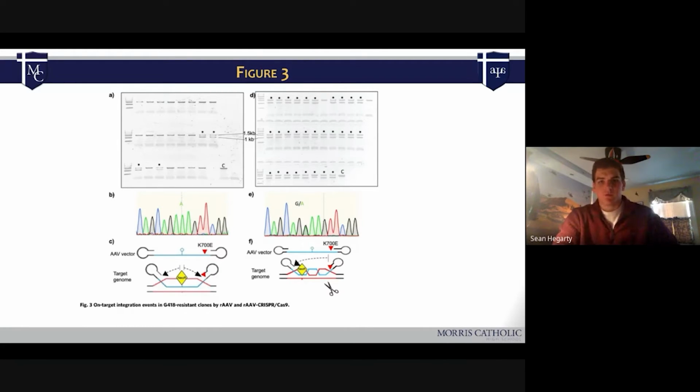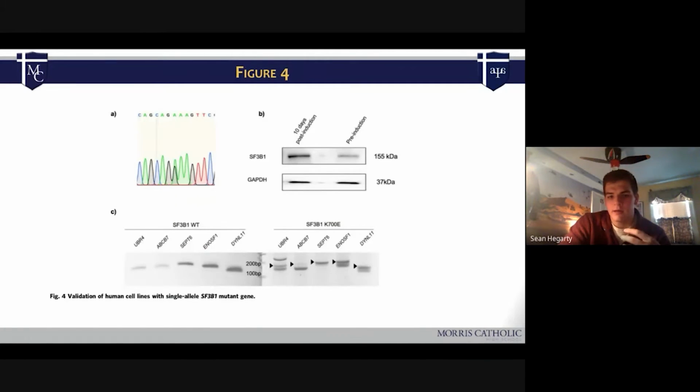So from here, they were able to show that there was a change in the DNA, but that's not really important in this paper. What's really important when you talk about a change in DNA is the change in the protein and the physiological effects of the change in the proteins.